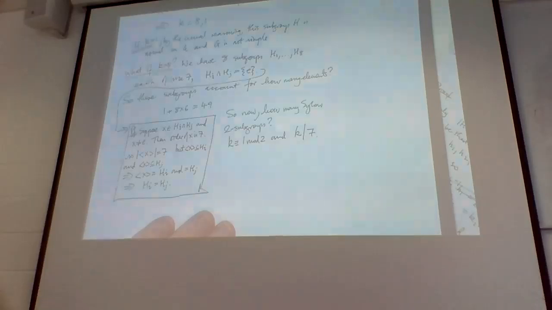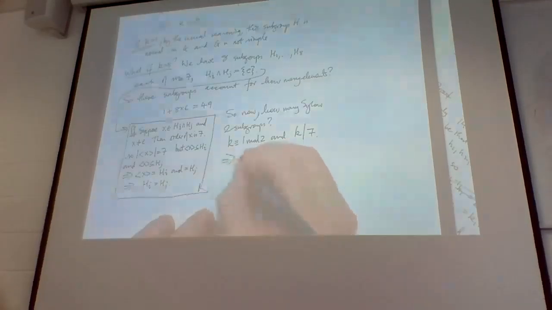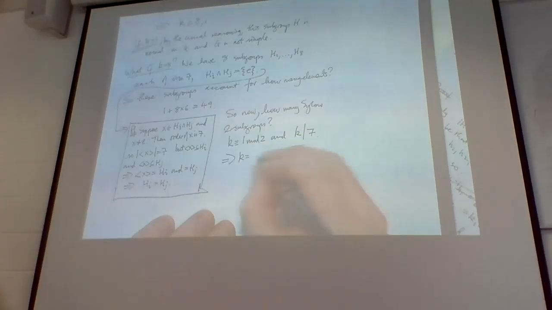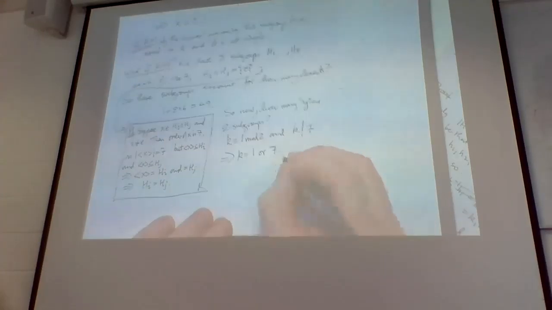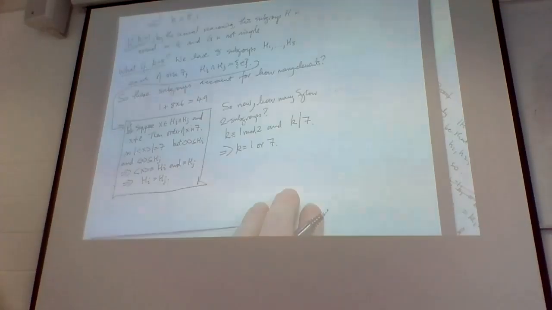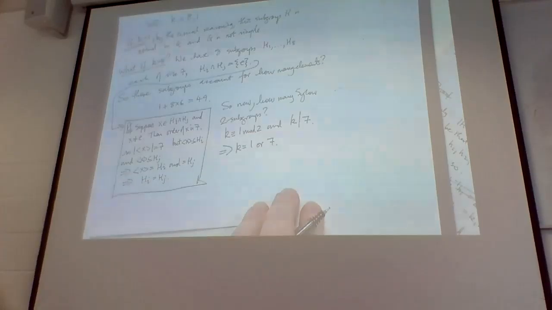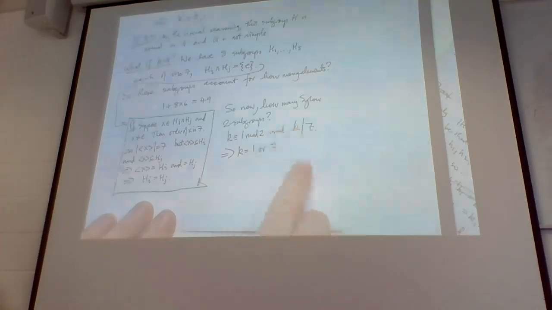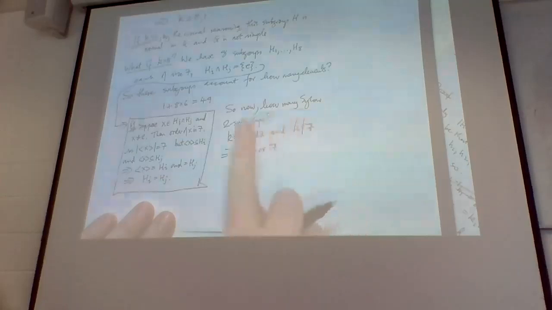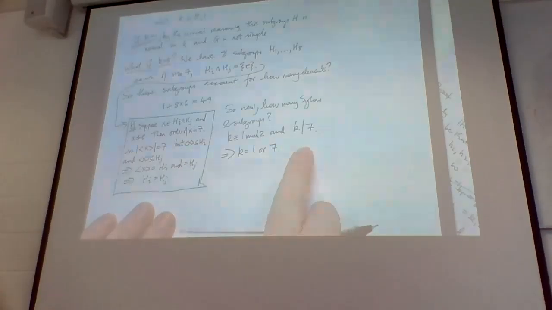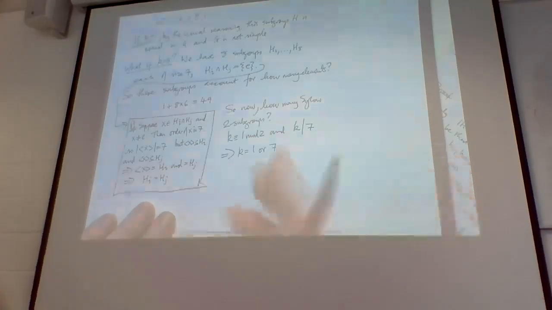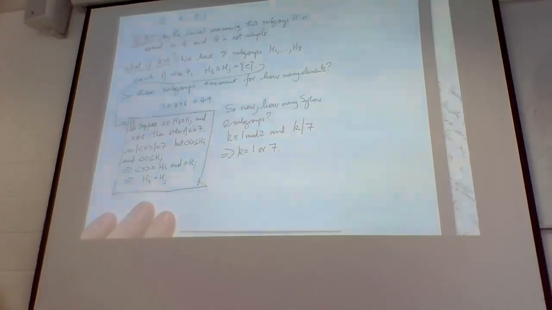So that implies K is either 1 or 7. Now we're talking about Sylow 2 subgroups. These subgroups have each of size 8.